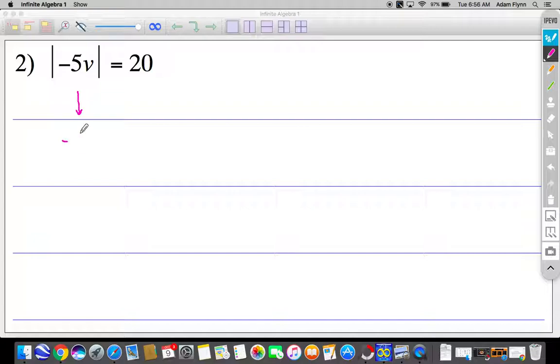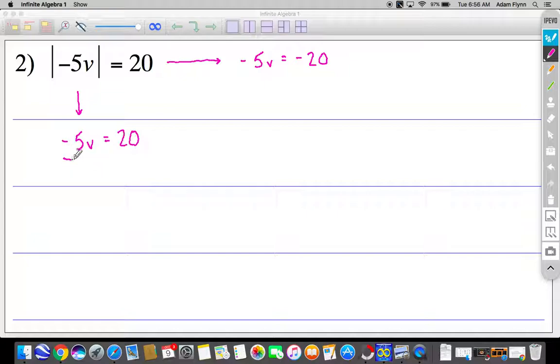So I have -5v equals 20. And I also have -5v equals -20. Okay? So I'm doing the positive and negative version of this number.